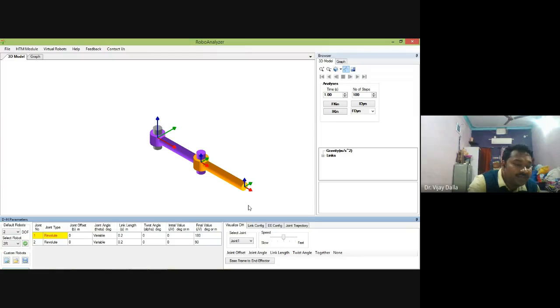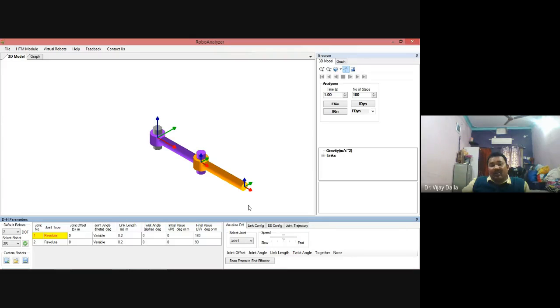Similarly, for the y direction, the cos term will be replaced by the sin term, and similarly for the z direction. And what about the orientation of the robot? The orientation will be the summation of all the angles, so theta will be theta 1 plus theta 2. So easily we got the kinematic equations for this.